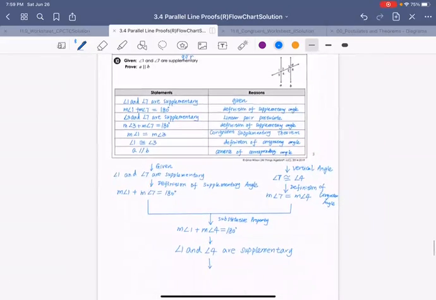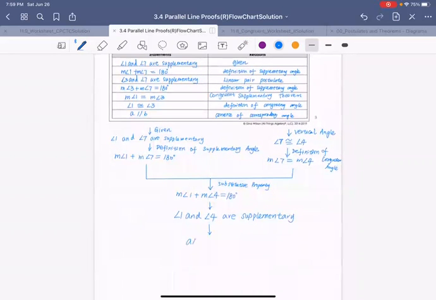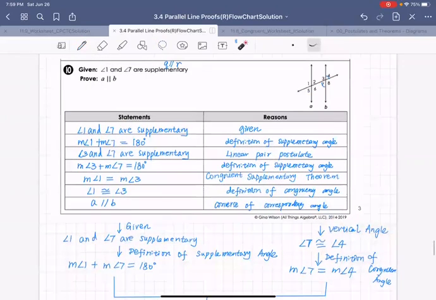Last one. A is parallel to B. Very good. Because angle 1 and angle 4, what kind of angle is this?